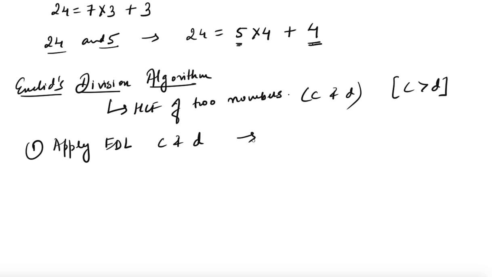So I'll get something like this, that is C equals dq plus r. Since C and D are both positive integers, they will satisfy Euclid's division lemma.